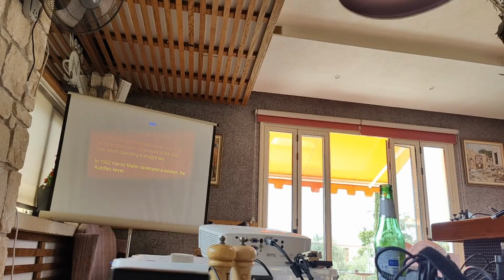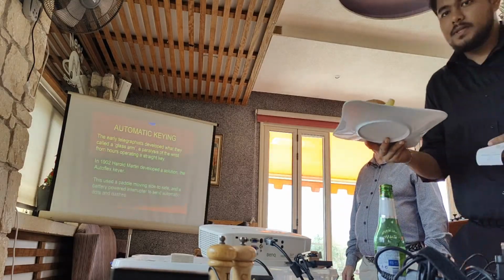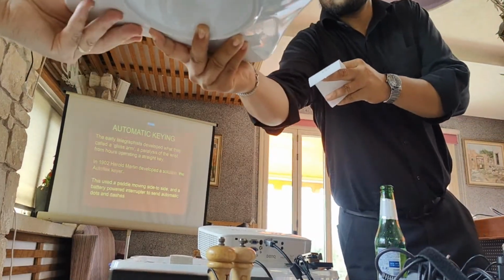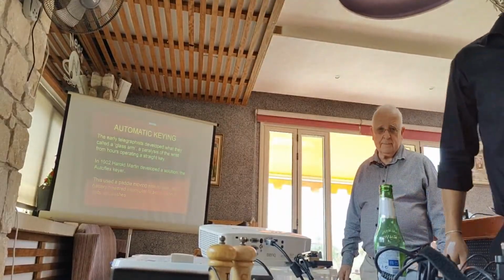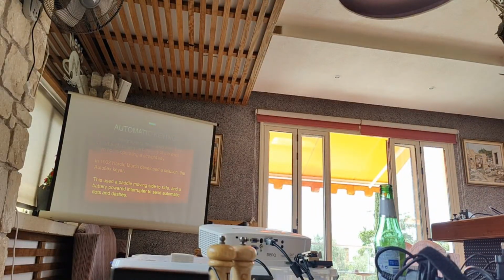So, in 1902, Harold Martin developed a solution called the autoflex keyer. He used a paddle moving side to side and a battery-powered interrupter to send automatic dots and dashes.